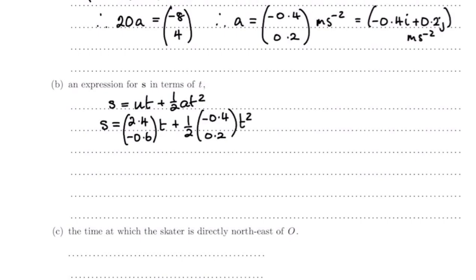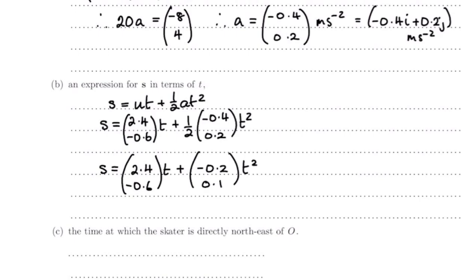Now what I'm going to do is sort that out a little bit. So I get s equals (2.4, -0.6) t, plus, and I'm going to put this in here, (-0.2, 0.1) t squared.